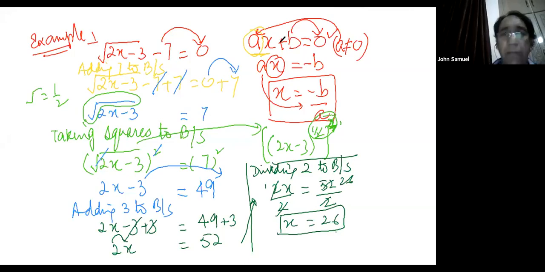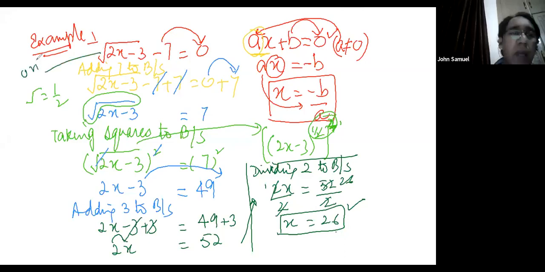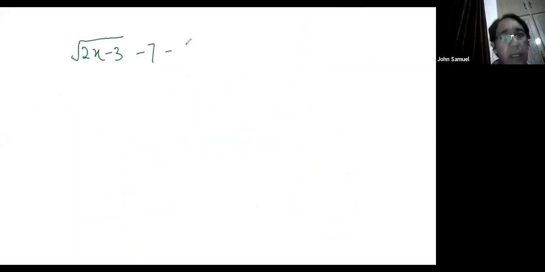Okay, fine, my dear. Now the important thing is to check. The unknown value that we have derived, we will put in the original equation. This is the original one. The original is the square root of 2x minus 3, minus 7, is equal to 0.